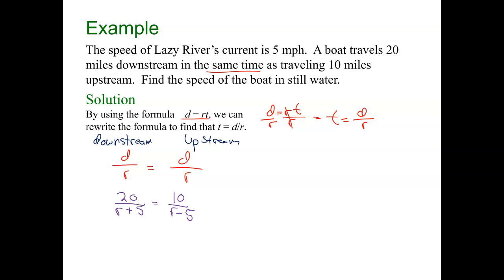So now I've got my rational equation. That was the hard part. You guys know how to solve this. What's my LCD? Yep, r plus 5 and r minus 5. What am I going to do with those? Multiply everything by r plus 5 and r minus 5.